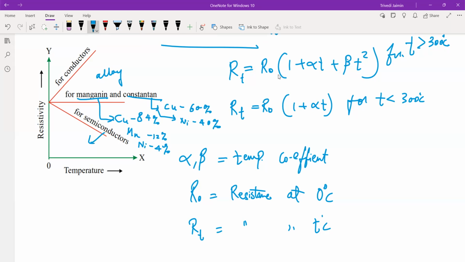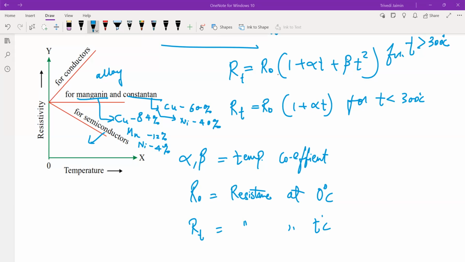So name some semiconductors. Anyone? 2 standard semiconductors. Come on, guys. This you should know. Just name 2 examples of semiconductor.